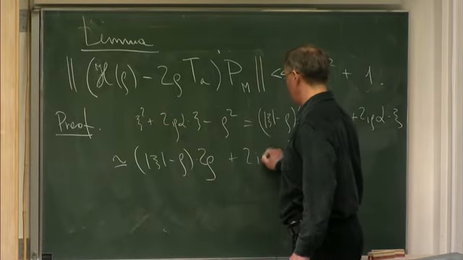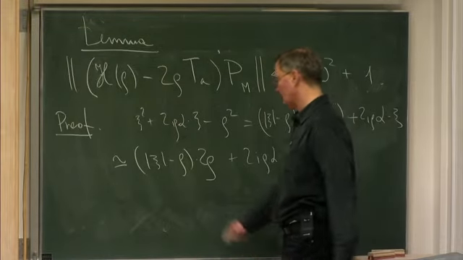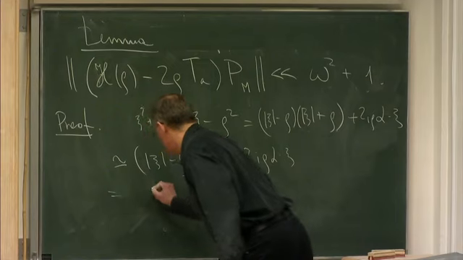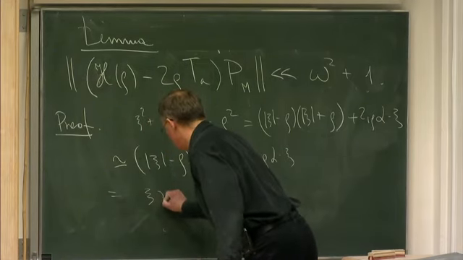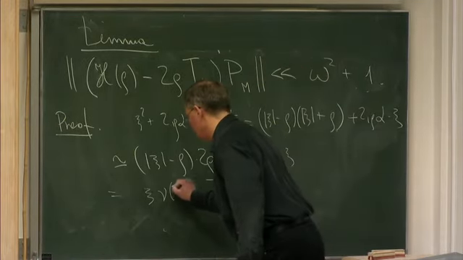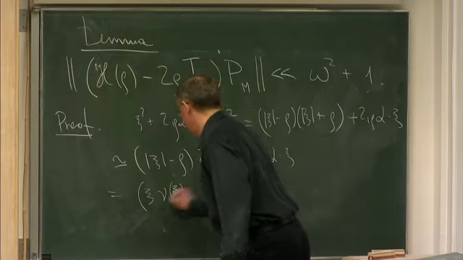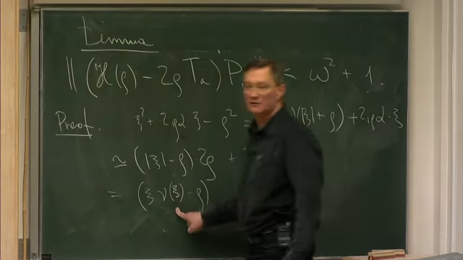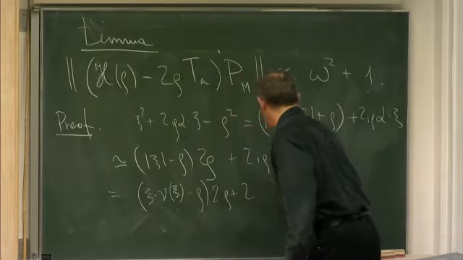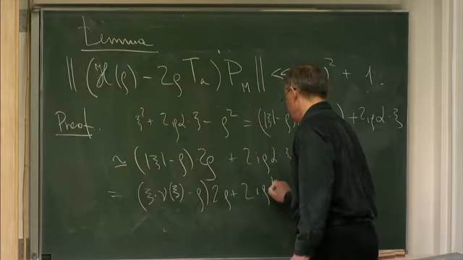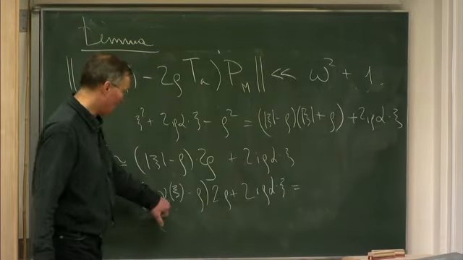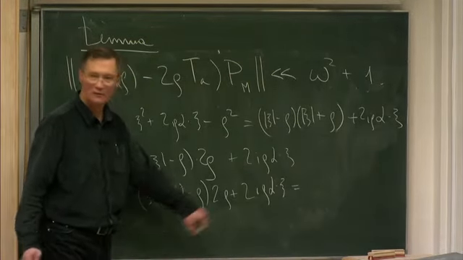Plus 2I rho alpha psi. What is this here? This is nothing but psi times the direction vector. This is a scalar product here. And now I can rewrite this by taking this direction vector out.